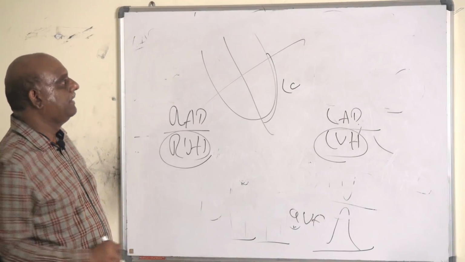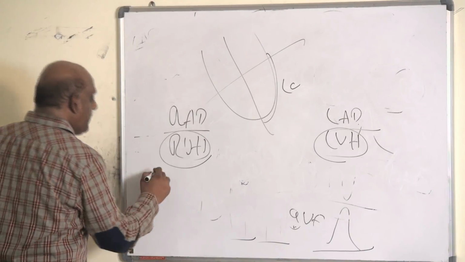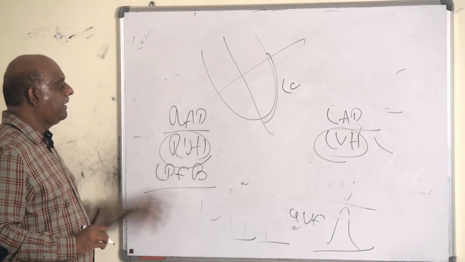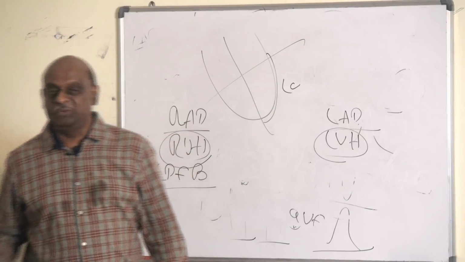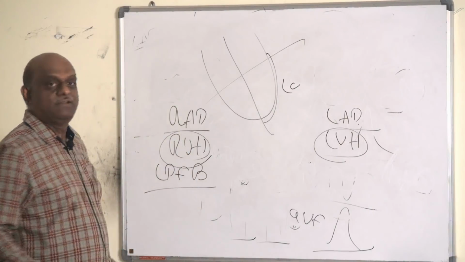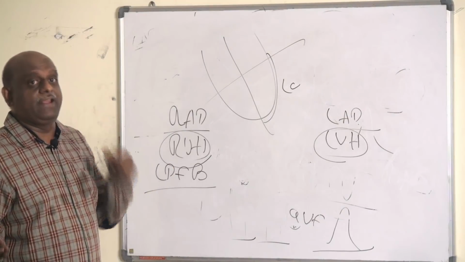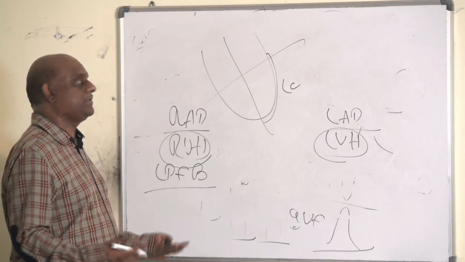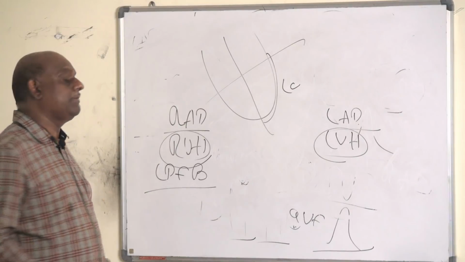Simple. Next, left posterior fascicular block leads to right axis deviation. This is too much. Sir, what is this? Fascicles. For us to know that there are bundles only is a very big deal. On top of it, you are talking about anterior fascicle, posterior fascicle. What is the story? And why right axis deviation with left posterior fascicular block?